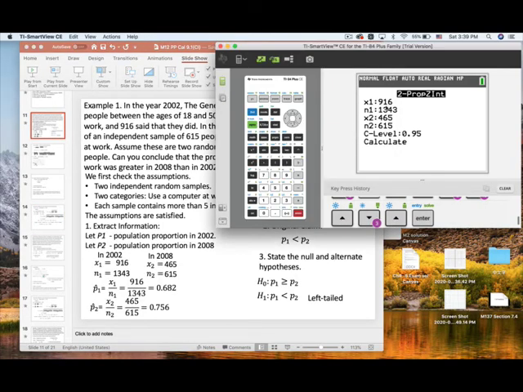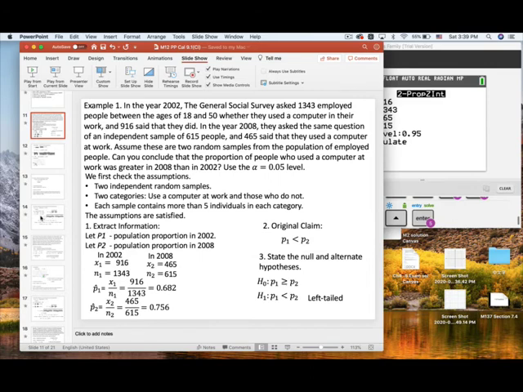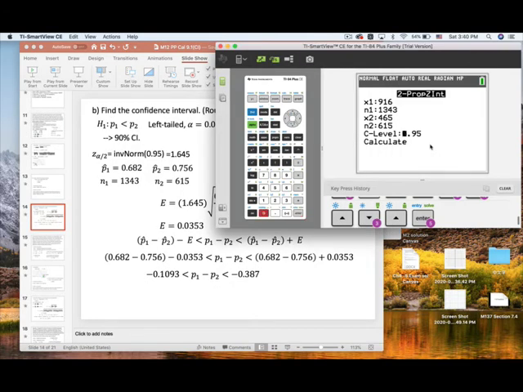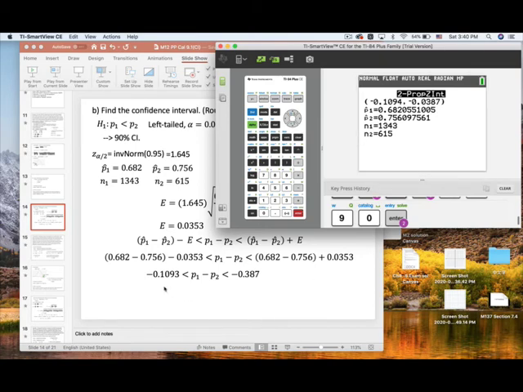I have 916, 1343, 465, 615. So I already have all this information. What is your confidence level? That will be 90, so I'm gonna put 0.90 here. Go to Calculate. Enter. So you can see the confidence interval will be in between these two numbers.